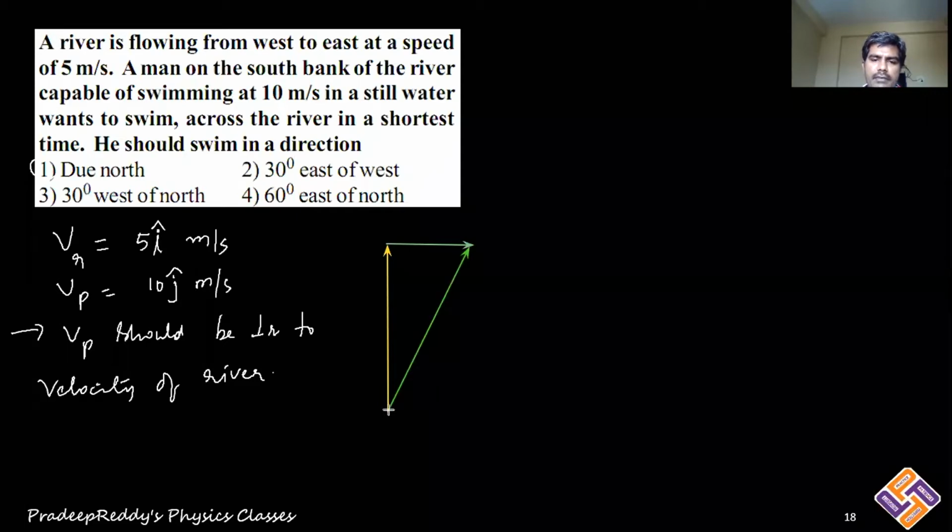This is the resultant vector. Now I'll write it as the velocity of the river, which is equal to 5 I cap. Velocity of the person is 10 J cap. This is the velocity of the person with respect to the river, which I want to find out. Now let me consider this as A, this as B, and this as C.